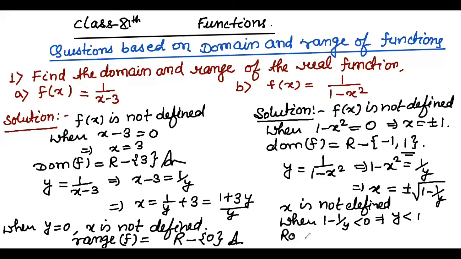We have to avoid y less than 1, which means we can take y greater than or equal to 1, that is, the interval closed at 1 and open at infinity. So this is our range value and this is the domain value.